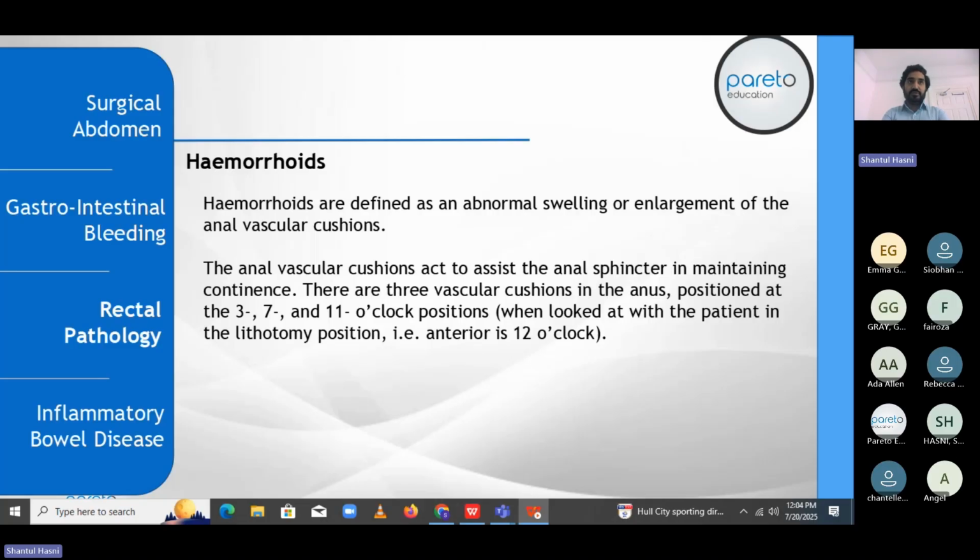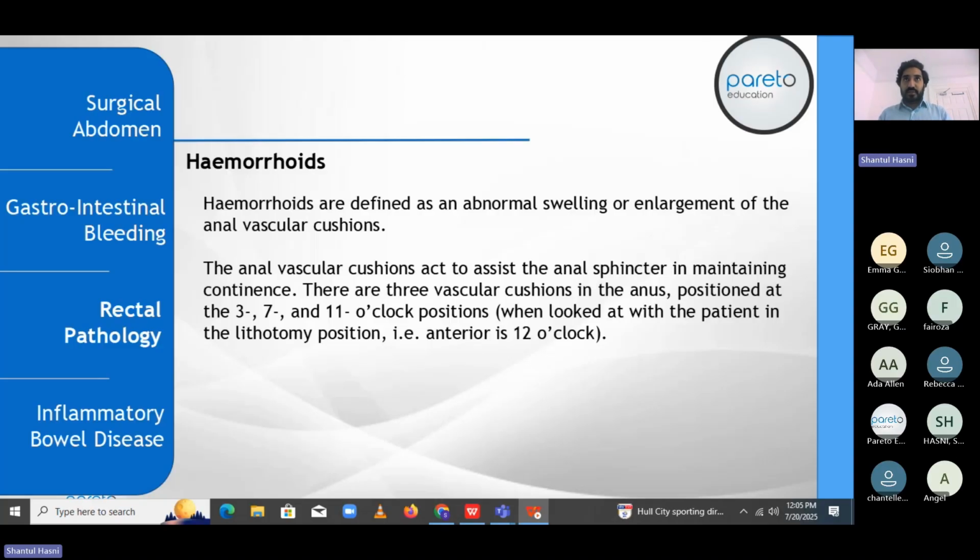If you've got swellings at those positions, then it's most likely an external hemorrhoid. You can literally see them without any rectal examination. Just on open inspection, if you see those swellings, then it's usually hemorrhoids.